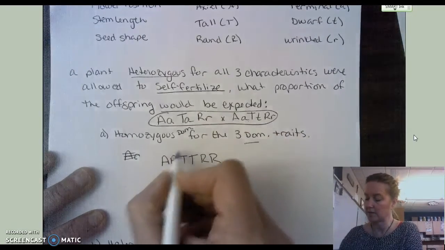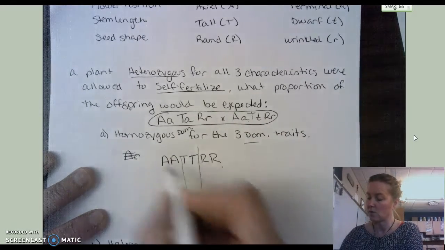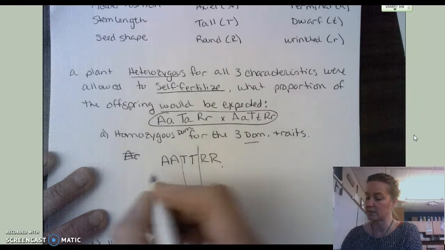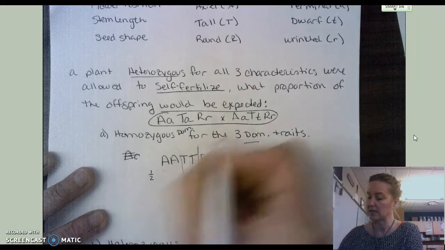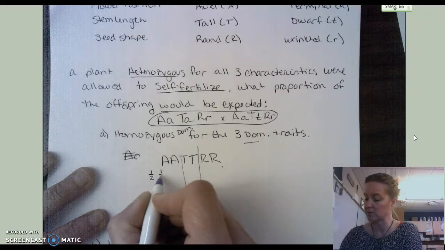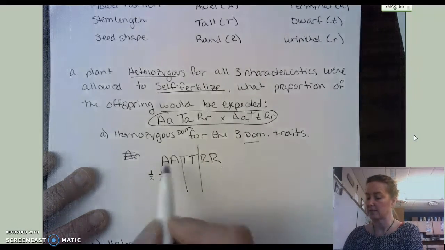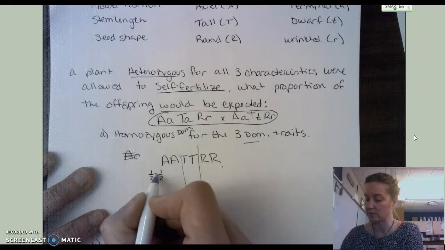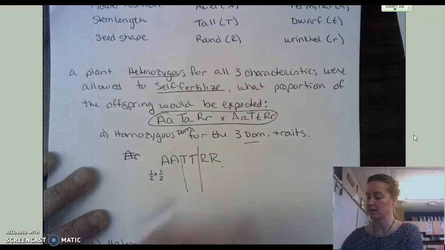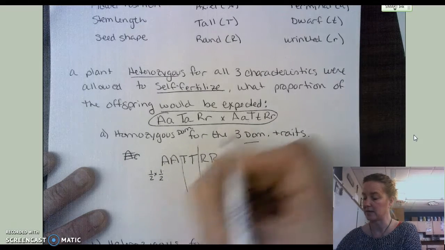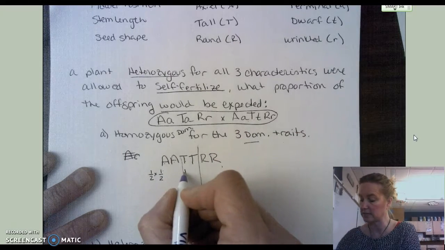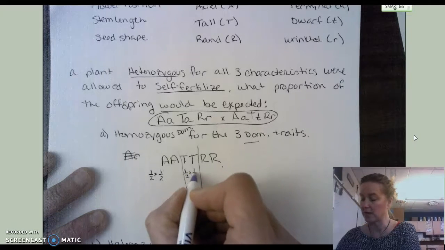So I'm going to do the same kind of thing. What is the chance I get a big A from this individual? It's going to be 1/2. And the chance that I get a big A from the other parent is also going to be 1/2. Because I want a big A and a big A, I'm going to multiply those 2 together. What is the chance I'm going to get a big T from this parent and a big T from this parent? Again, it's going to be 1/2 times 1/2.